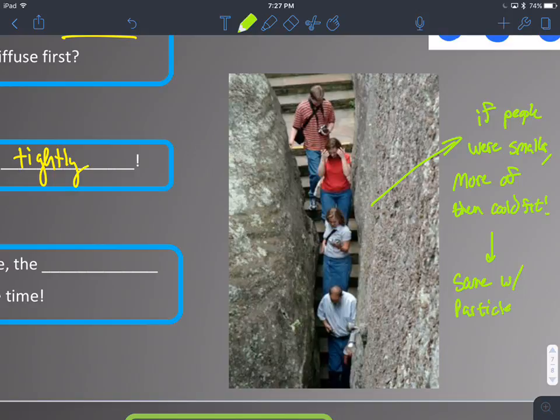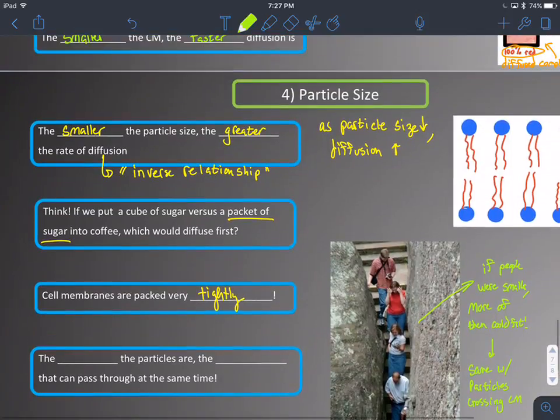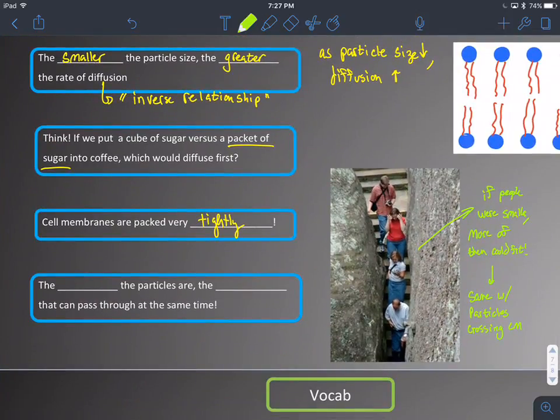And this is the same with particles crossing the cell membrane. The smaller these particles are, the more that are actually able to pass through the cell membrane.